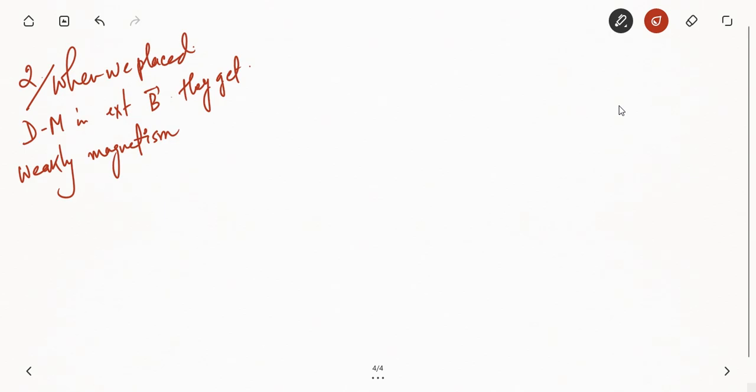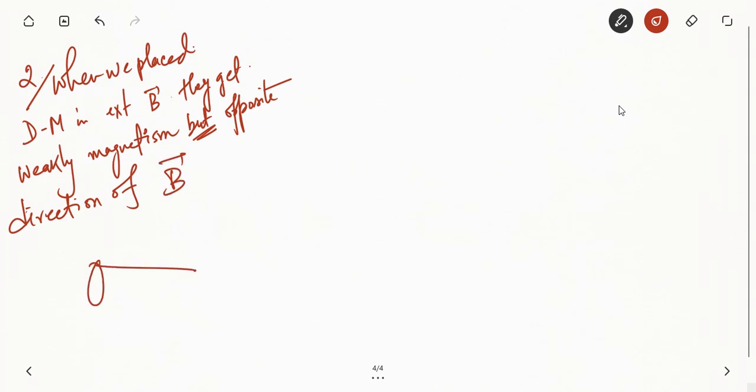The important word is opposite. Suppose there is a material here, with B in that direction. So here is the magnetism direction, opposite direction here.